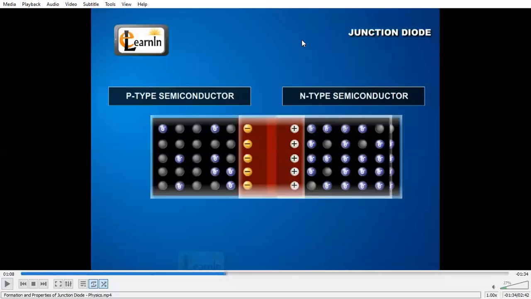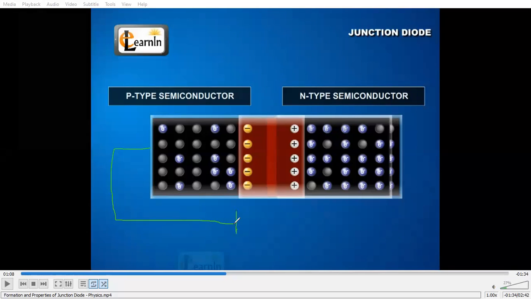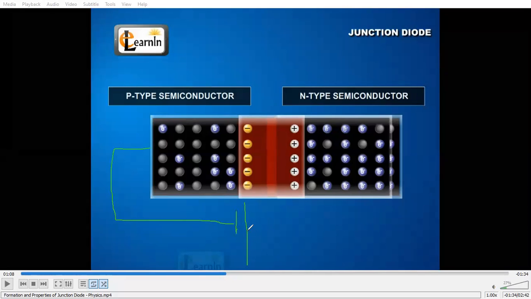So for reverse bias, let's say this is your P type, this is your N type. The P type I connect to the negative terminal, and the N type connected to the positive terminal.